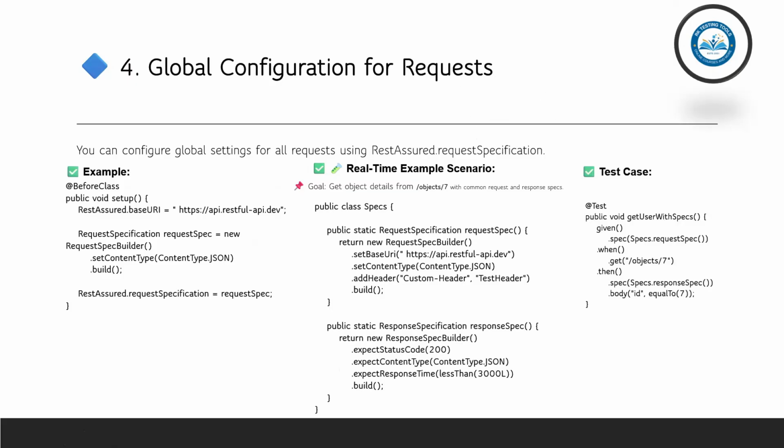Global level one, you can say. So there is one test method, public void getUserWithSpecs, given dot spec request spec dot when dot get, this is a resource URL, dot then, this is the validation, dot spec response spec, then body of ID, the response body, we are verifying the ID, which is equal to 7.